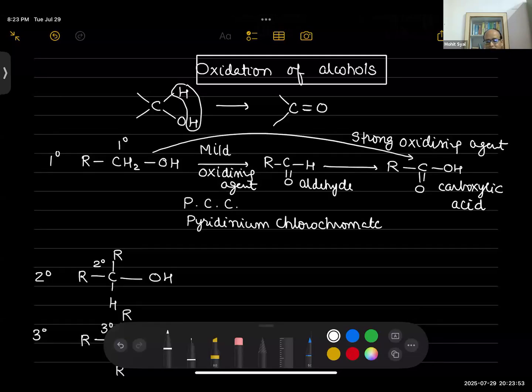It's a reducing agent here. No, you have just told me an opposite answer. Oh no, sorry. It's an oxidizing agent here. It is an oxidizing agent, right? Yes.